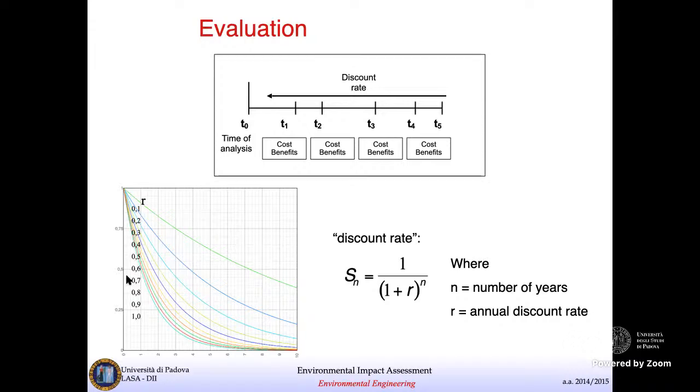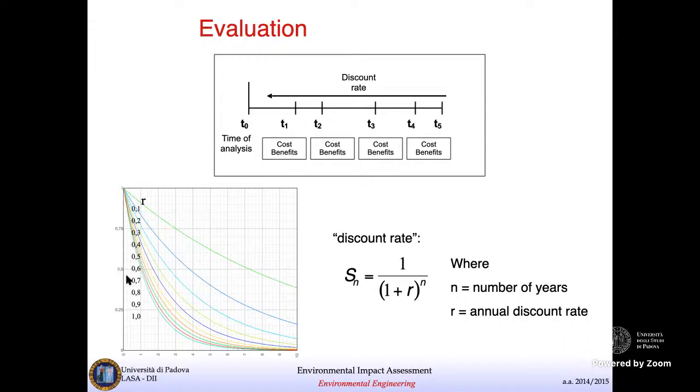We may ask ourselves, what is the annual discount rate, on the basis of which we may calculate the yearly discount rate? Sn is a yearly discount rate that is calculated on the basis of R, that is the annual discount rate.